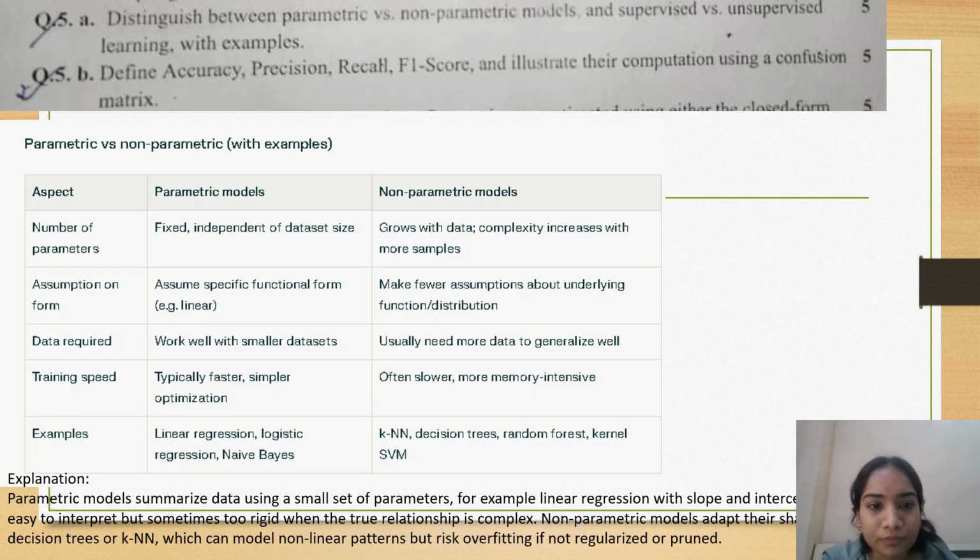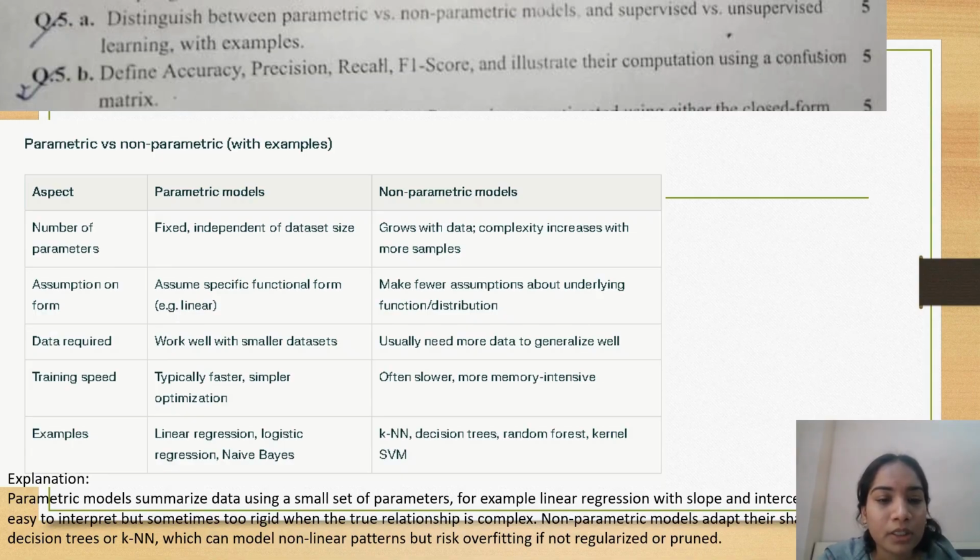So first, let us understand different types of models and learning paradigms in machine learning. First is parametric. The definition of parametric is that it assumes a fixed form and a finite number of parameters, but non-parametric has no fixed form, is flexible, and can grow with data. For example, parametric has linear regression and logistic regression, but in non-parametric, the examples are k nearest neighbors and decision trees.